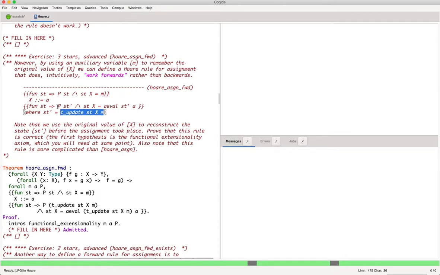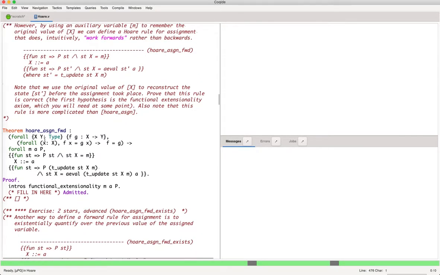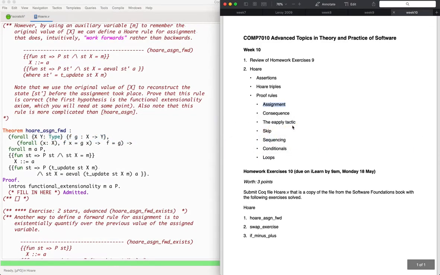So in other words, P is the precondition still, right? So it's holding with X being M, which is the initial value of X. So that avoids the problem of forgetting what the initial value was. And ST X equals the evaluation of A in the state where X is M. Right, so this does actually work, and you can prove this, and in fact you have to prove that for your homework, right?